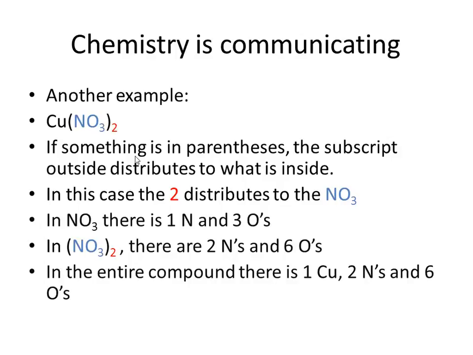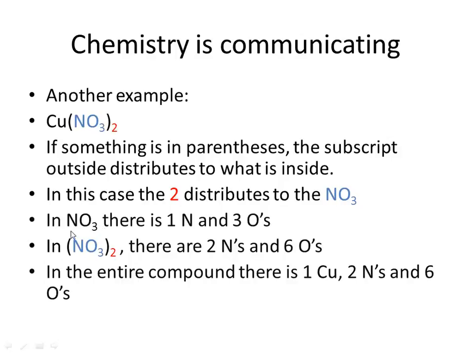Similar to math, if you have a 2 outside of parentheses, that means you have 2 of whatever's inside the parentheses. In this case, the 2 is outside the NO3 group, so it means that there are 2 NO3s.